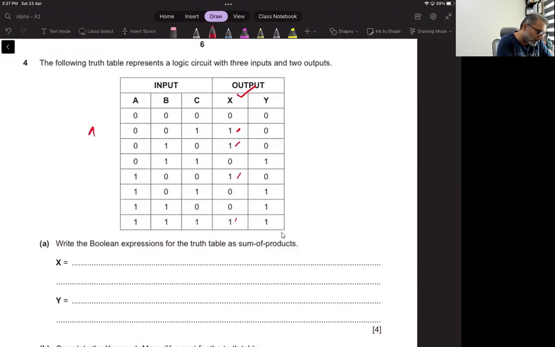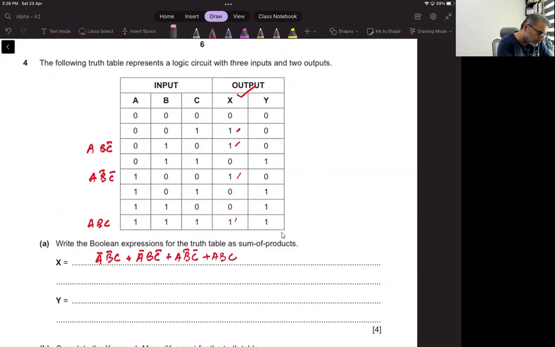So this is A naught, B naught, C. This is A naught, B, C naught. This is A, B naught, C naught. And this is A, B, C. So X is equal to A naught, B naught, C, or this is sum of products, right? A, B, C naught, or A, B naught, C naught, or A, B, C.